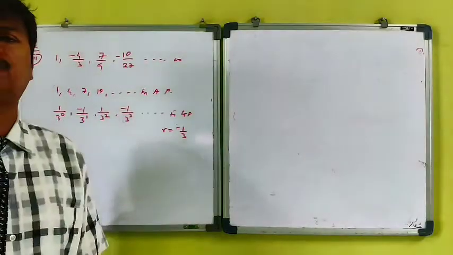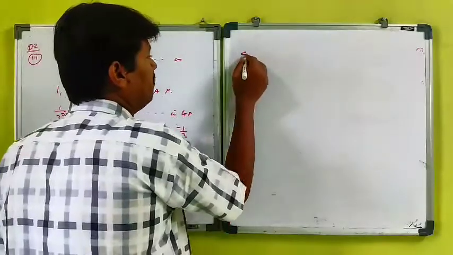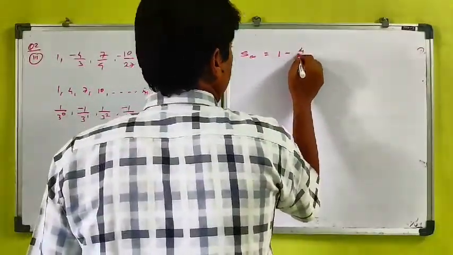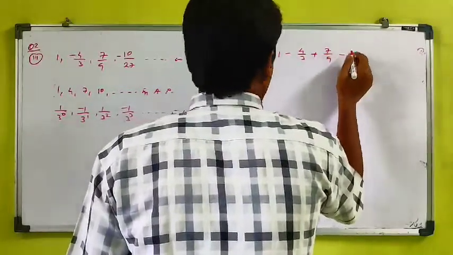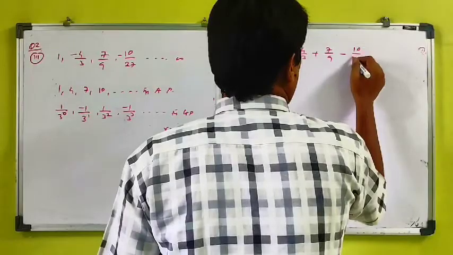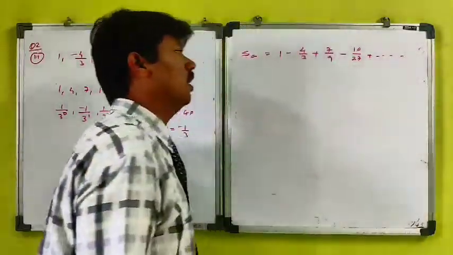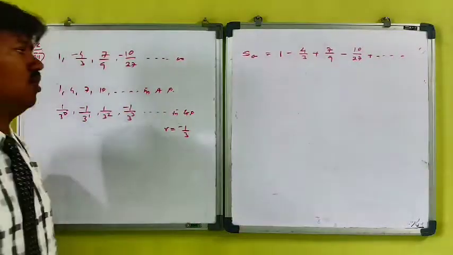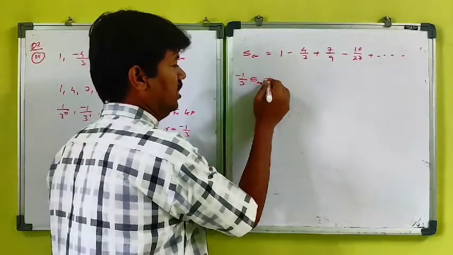So here the common ratio is minus 1 upon 3, and therefore the sum of the infinite series is S infinity equals 1 minus 4 by 3 plus 7 upon 9 minus 10 upon 27, like this. You have to apply the same method, you have to multiply with the common ratio. So the common ratio here is minus 1 upon 3 times S infinity.